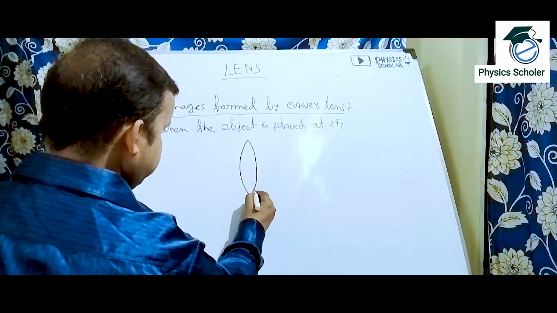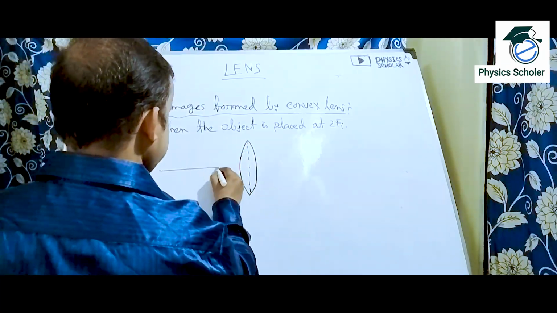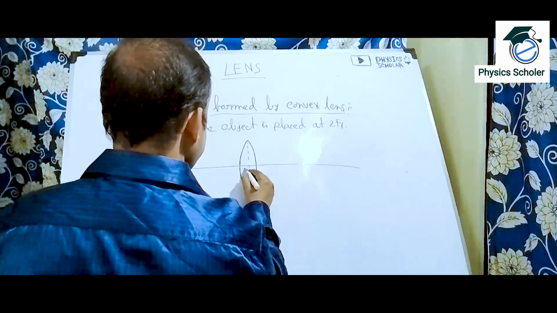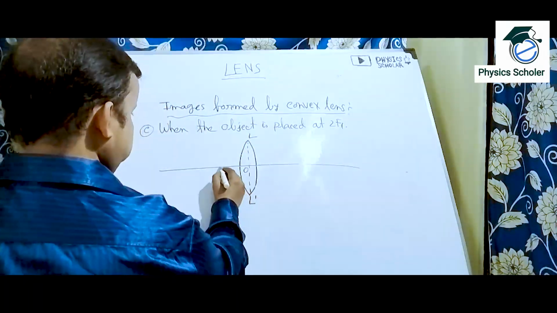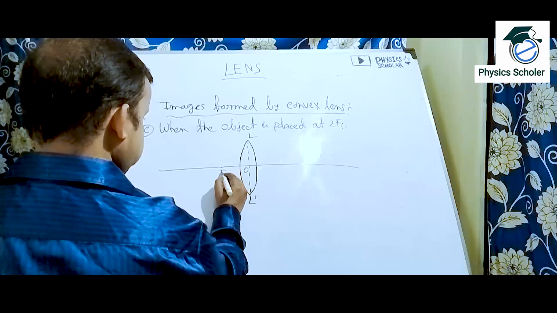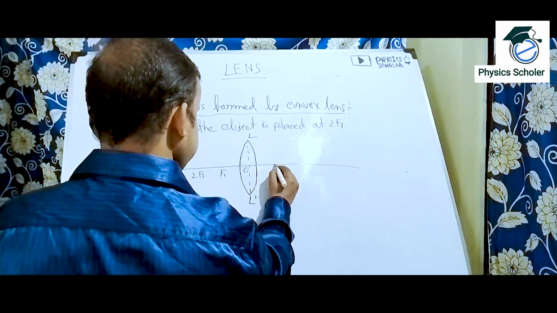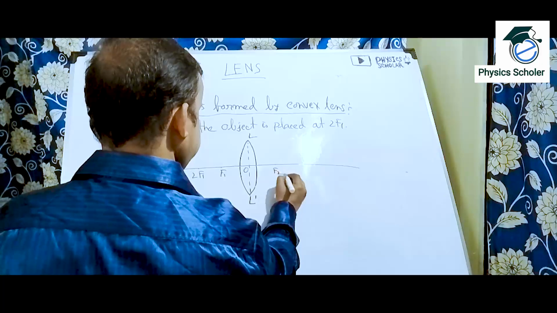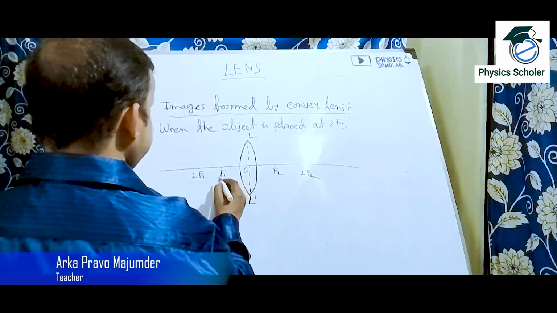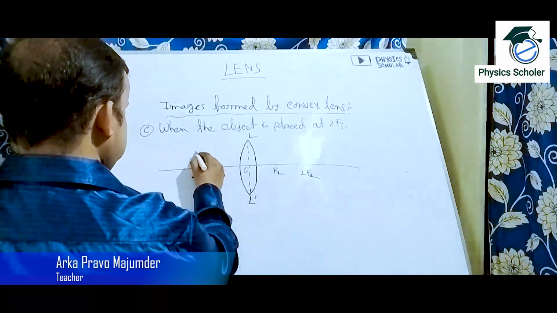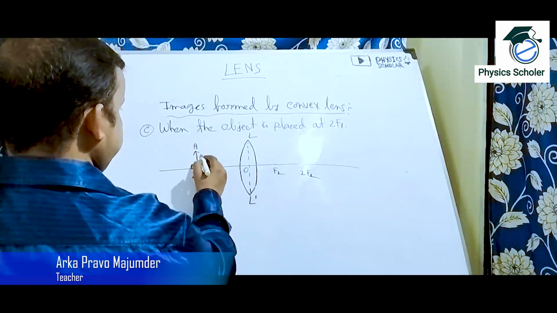This is the convex lens, this is the optical center. It is f1, it is 2f1, it is f2, it is 2f2. Okay, so this is AB, the object.